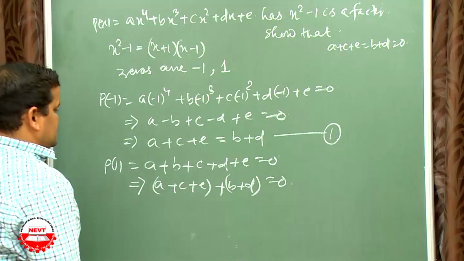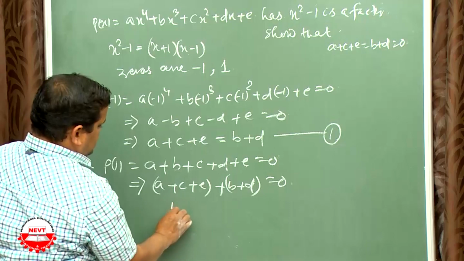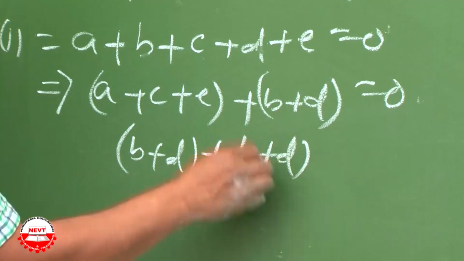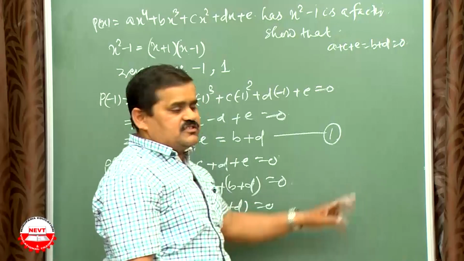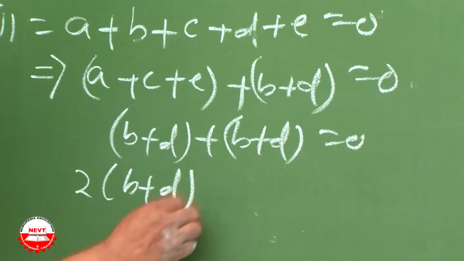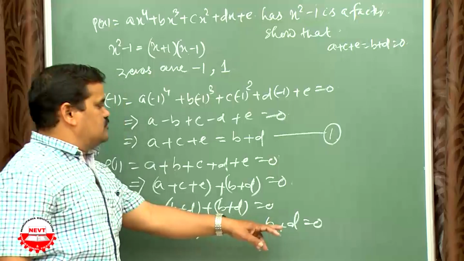That means in place of a plus c plus e, you substitute b plus d, plus b plus d is equal to 0. You write here, since a plus c plus e is equal to b plus d, or 2 whole into b plus d is equal to 0, or b plus d is equal to 0.